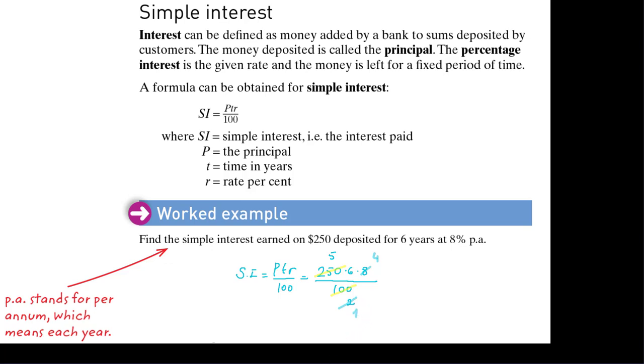So we get 5 times 6 times 4, which is 30 times 4, which is 120, divided by 1, equal to 120. So after 6 years you are going to get $120 extra when you put $250 inside the bank.